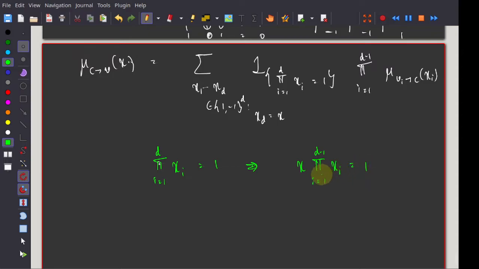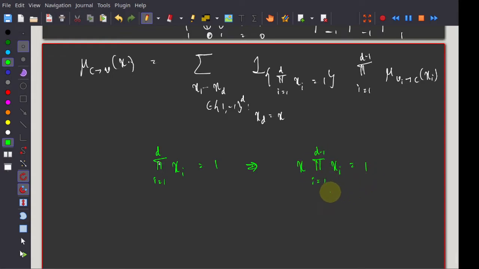Basically we want to sum over all possible x1, x2, x3 up to x_{d-1} such that this product is exactly equal to 1, because this parity check has to be satisfied. You only want to sum over those configurations, those x_j's, for which the parity check is satisfied, right?